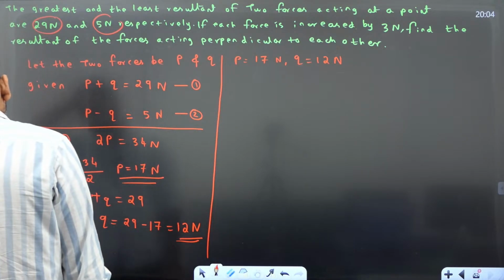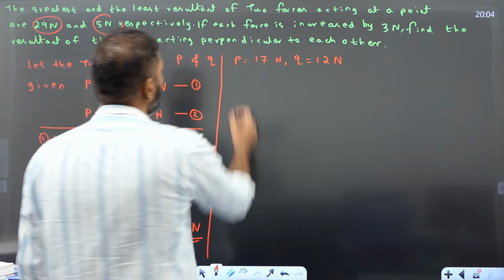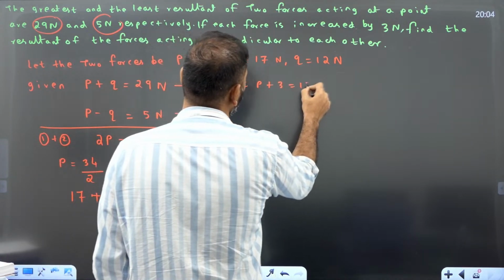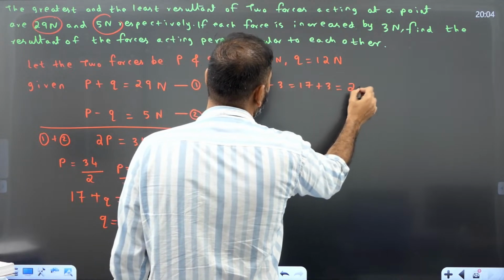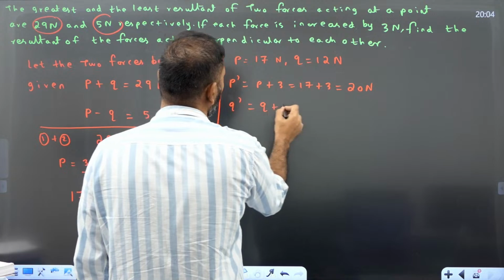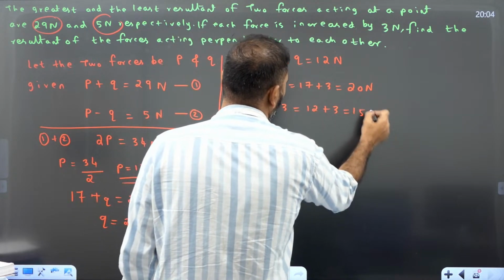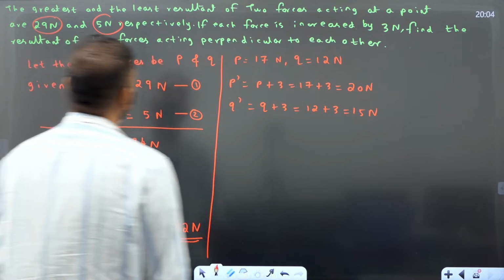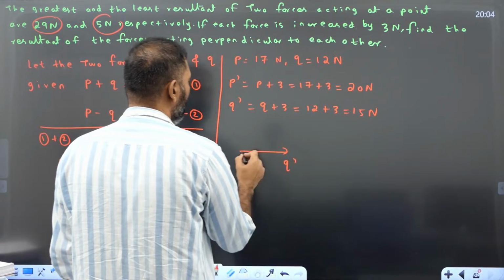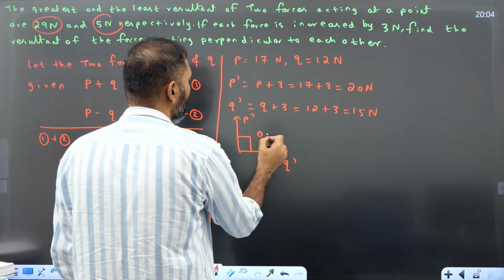Now we are increasing both by 3 Newton. So P dash is equal to P plus 3, 17 plus 3, which is 20 Newton. Q dash, the new force, is equal to Q plus 3, 12 plus 3, which is 15 Newton. Now we have to find the resultant. P dash and Q dash are acting at right angle, so the angle between them is 90 degree.